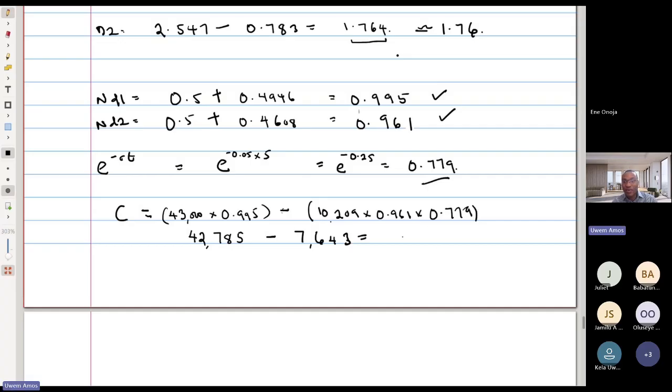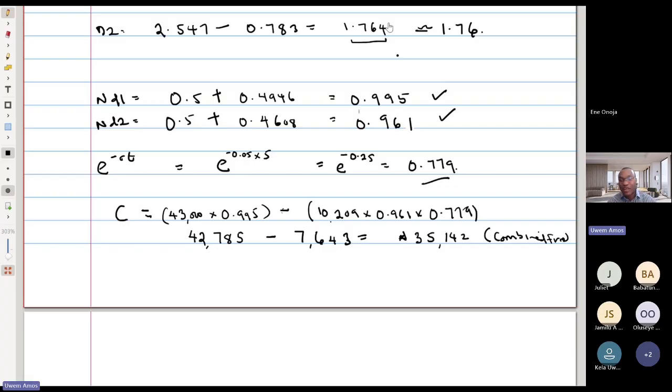So that gives us 35,142 as the value of the combined firm. Any question, guys, on the value of the combined firm? The value of the combined firm is 35,142. So if you combine both Tola and Iya, the value is 35,142.